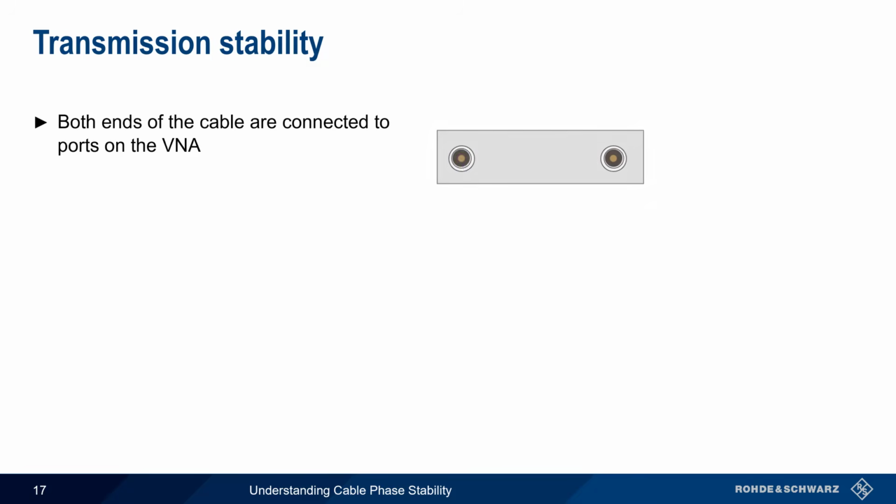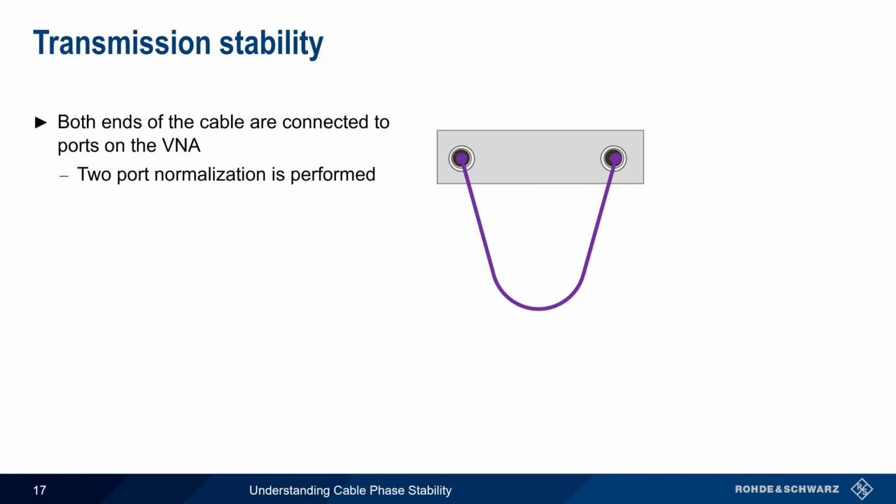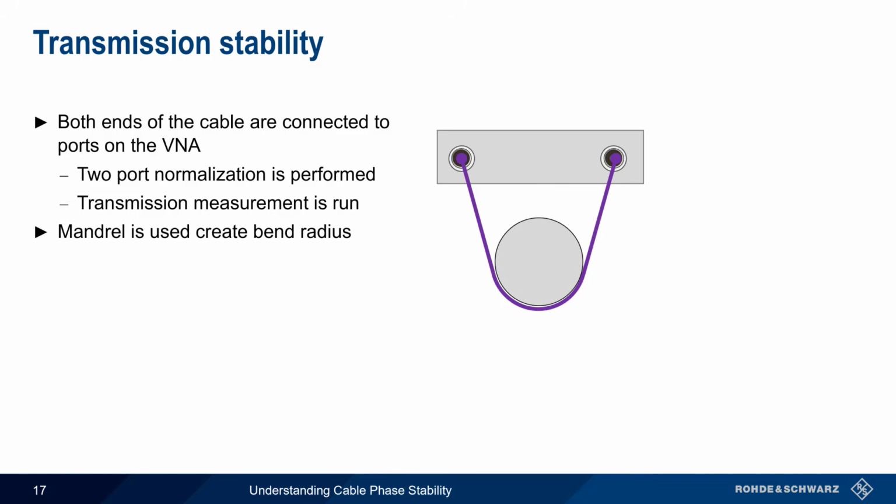Phase stability can also be measured using a transmission test. Here, both ends of the cable are connected to ports on the VNA, a 2-port normalization is performed, and then a transmission measurement is run. As before, a mandrel is used to accurately and reproducibly create the desired bend radius.